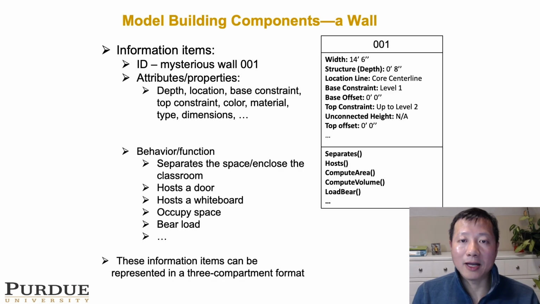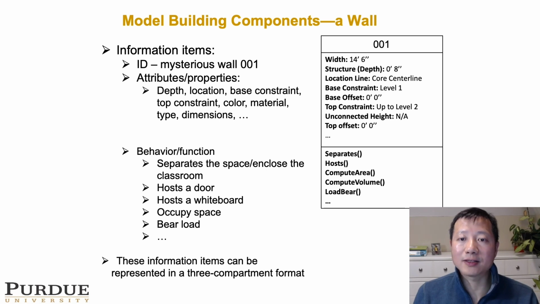I assume you had some good exercise. So here are the information items that I came up with, as well as the behavior and functions I would like to use to describe this object, this wall. So the ID, my mysterious wall, I give it an ID of 001.